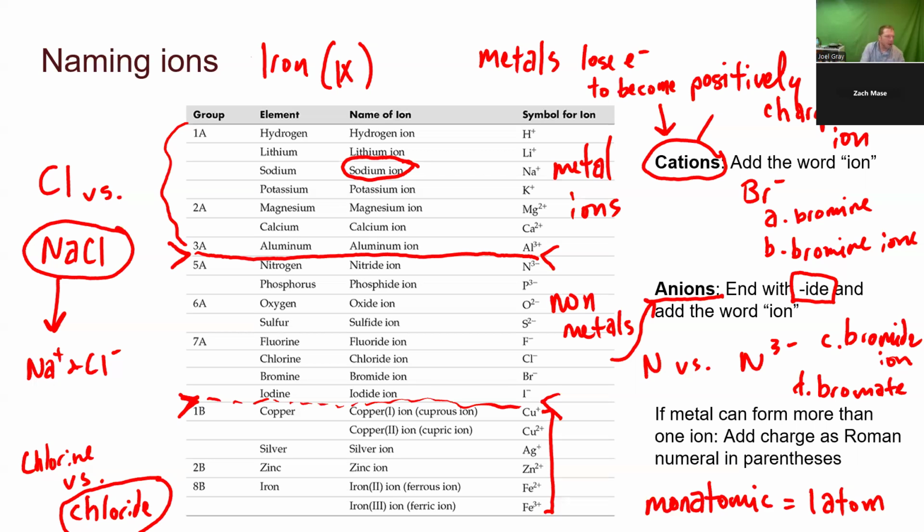Now, with that in mind, look at silver and zinc. What does that make you think? We've got silver ion, Ag plus, and we've got a zinc ion, which is Zn2 plus. Why don't we have a Roman numeral for either of those?